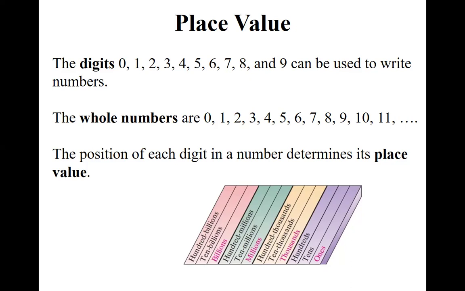And as we get more and more digits, we keep track of them in terms of their place value. So this here is the place value chart from right to left. It starts with ones and then keeps expanding to add another digit. The tens place value, the hundreds place value.